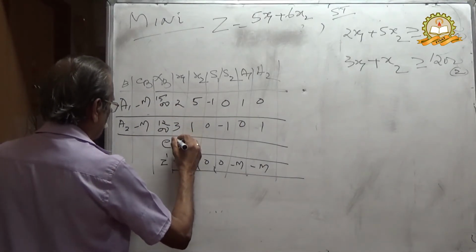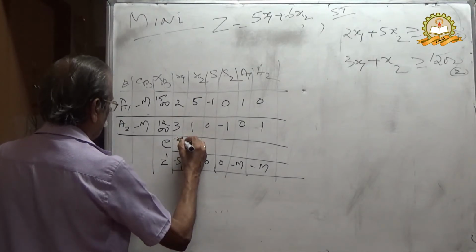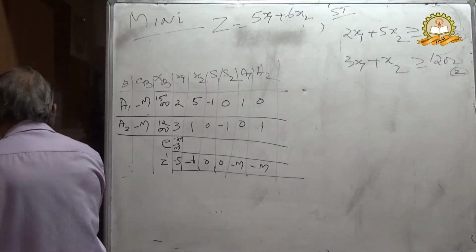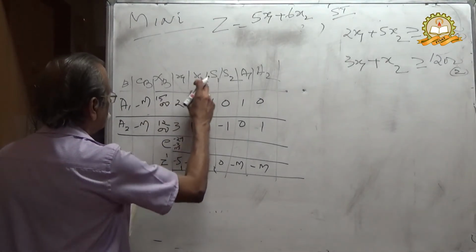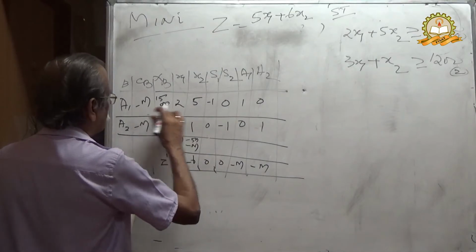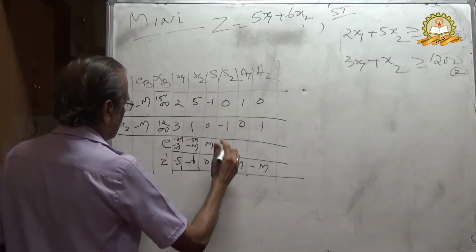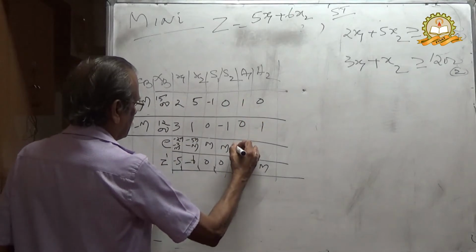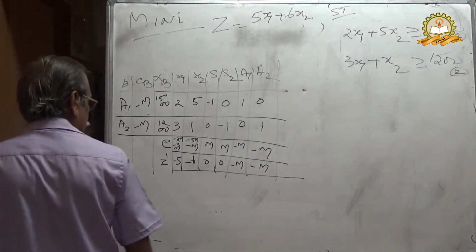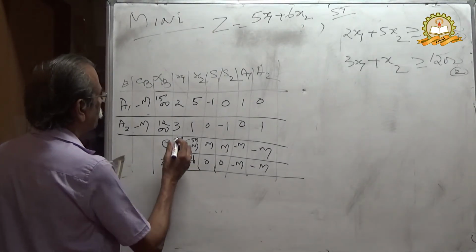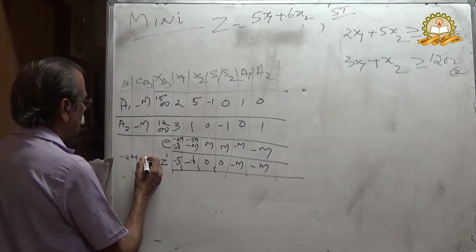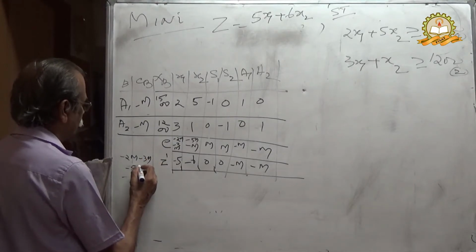Therefore, you fill this row: minus M into 2, minus 2M, minus 3M. Minus 2M minus 3M equals minus 5M.